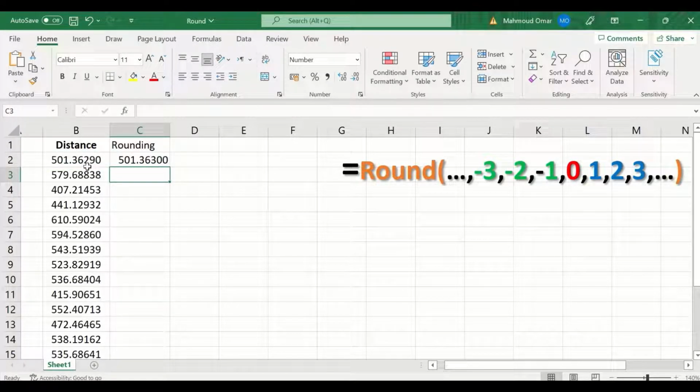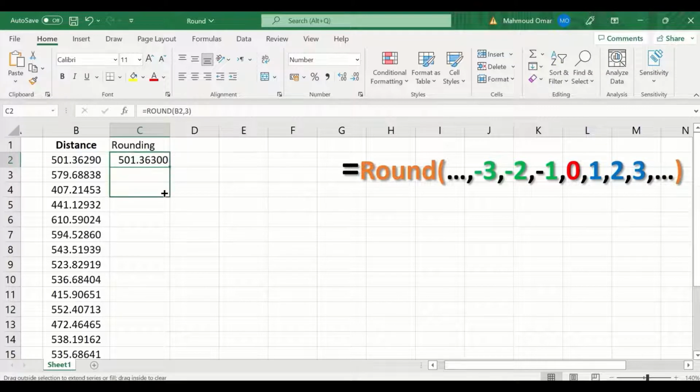As shown here, the third decimal value is 2, and rounding will round anything equal to 5 or above. It will be rounded up, and any number below 5 will be rounded down. Here number 2 is rounded up to 3.